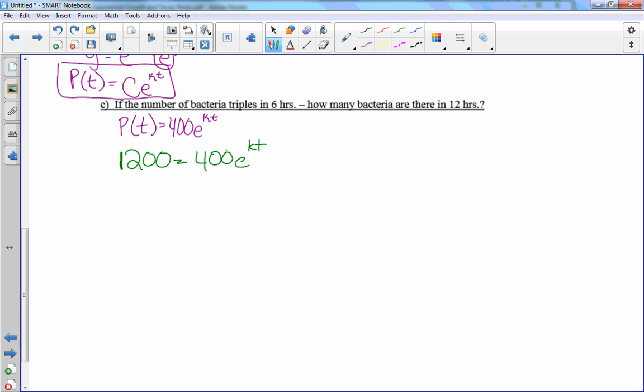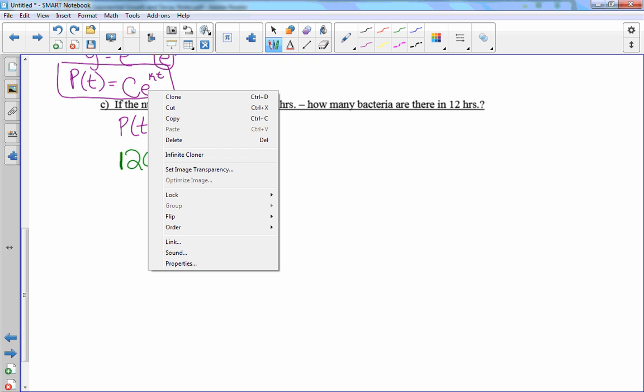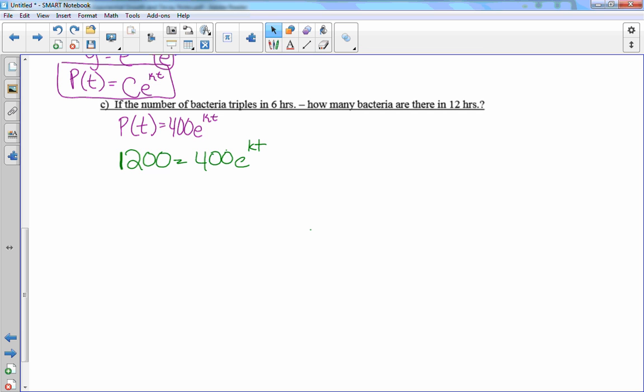Okay, now you have two variables, but E is a number, but you have K and T. One of those we know. Which one do we know? The time, yeah. So the whole goal for the beginning is just to solve for which variable? Just, yeah, tap outside. So change the T to a 6, because that's our time. So in the very beginning, you have to find what, Anisha?